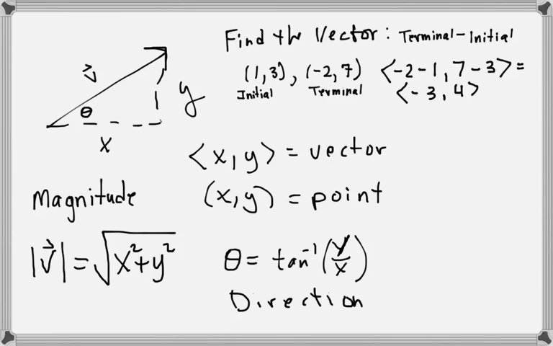How do you know the difference in terminal and initial? It must be told to you, or it's visually viable. In other words, if we label this, we'll go back to our diagram. This is initial, and this is terminal. So you know which way to draw it.